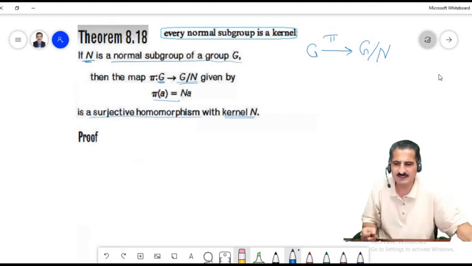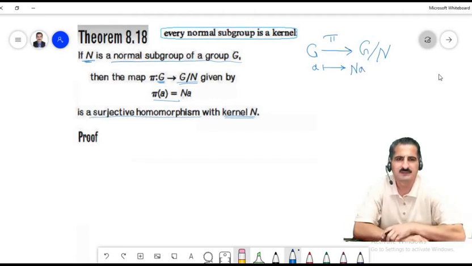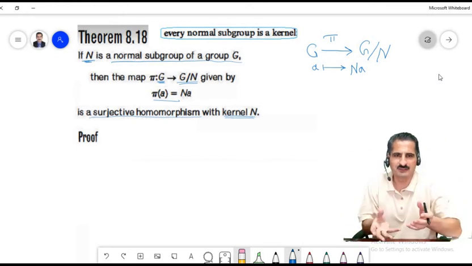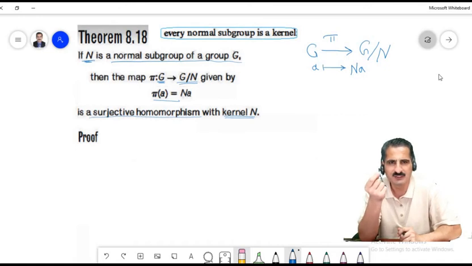So what does that do? It takes an element and sends it to its own coset. So we have a group G and a subgroup N. Then we take an element of G and say, you go to your coset, please.